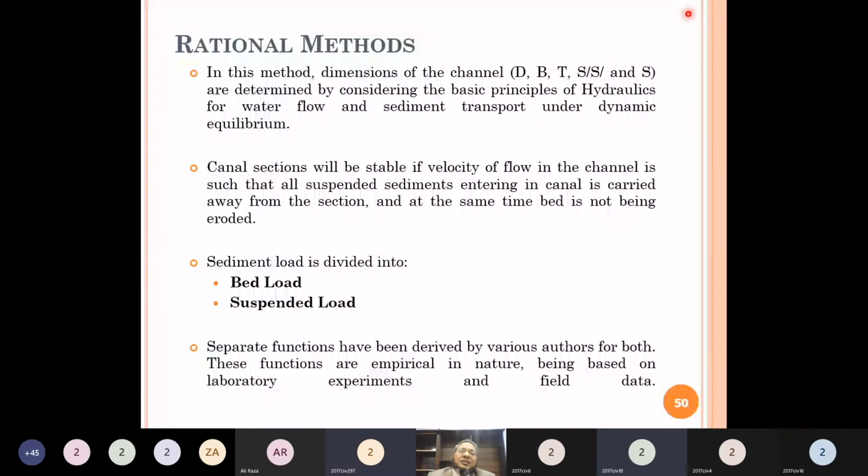Yeah, actually this is the vertical distance between the crest of the bank, maybe right bank or left bank, the crest of the embankment, and full supply level in the canal.